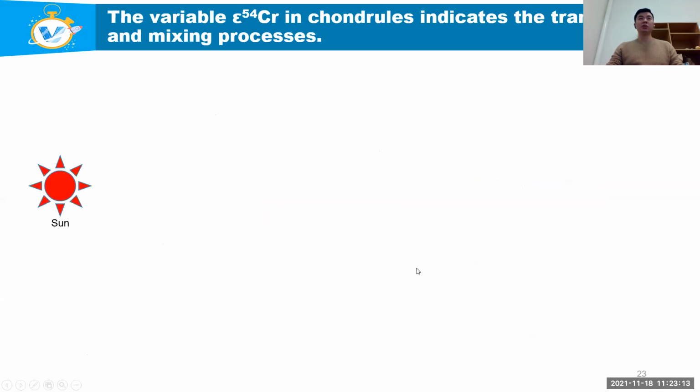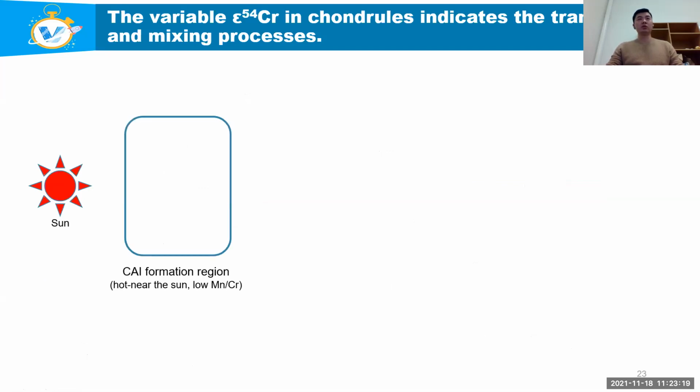So finally, when we combine these 2 projects, maybe there is a picture for the chondrule formation and early solar system dynamics. Here is the sun, and here is a proto-sun maybe, and close to the sun is the CI formation region.